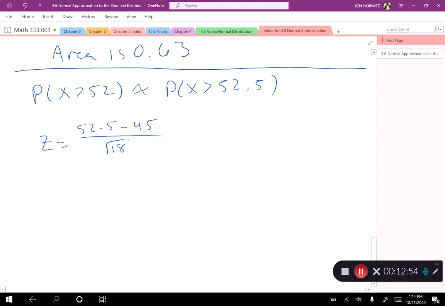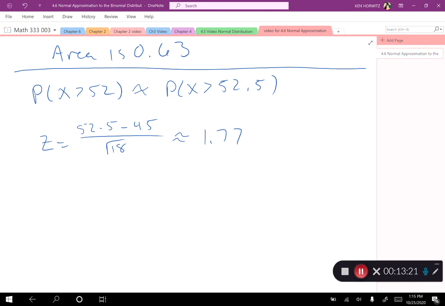And when I do the calculation, I get 1.77. All right, so now I want you to pause the video and on your own, go to your chart, get your area, do the rest, and we'll see what the answer is on the back end.